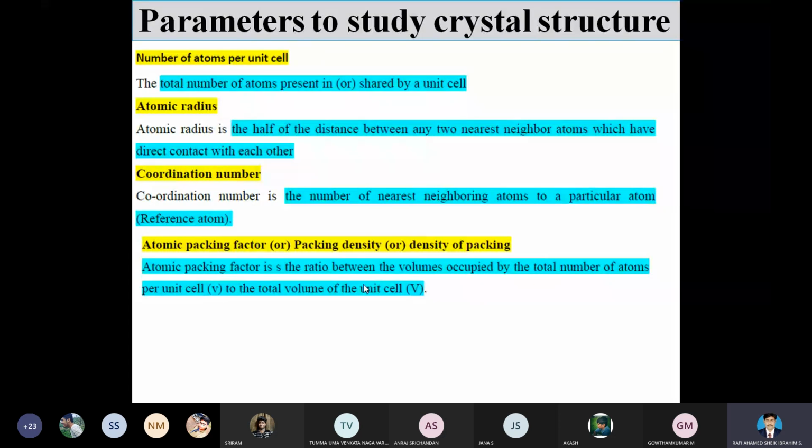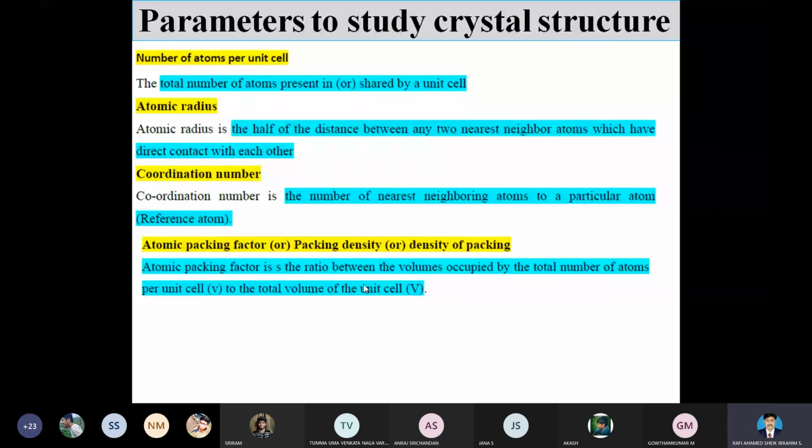To measure it, we have to consider any two atoms from the structure. The two atoms have contact with each other, so then only we can measure the atomic radius. The atomic radius means half of the distance between any two nearest neighboring atoms which have direct contact with each other.